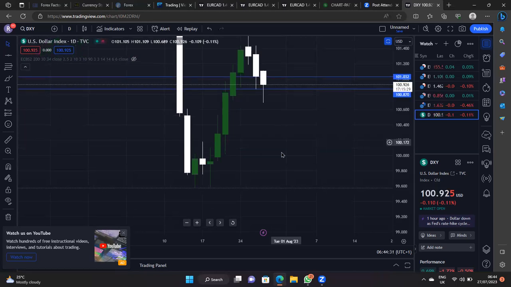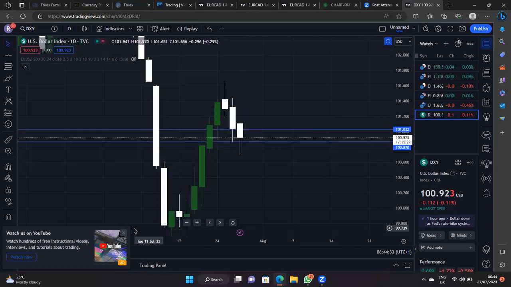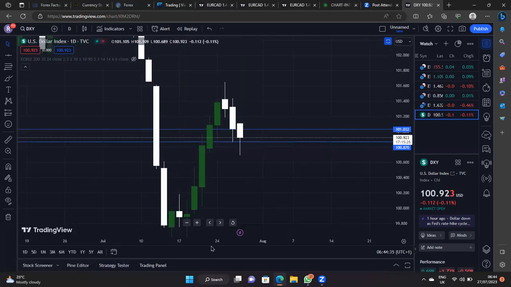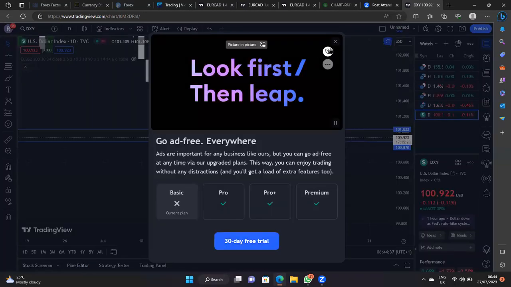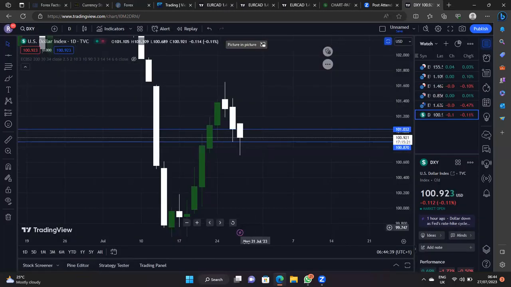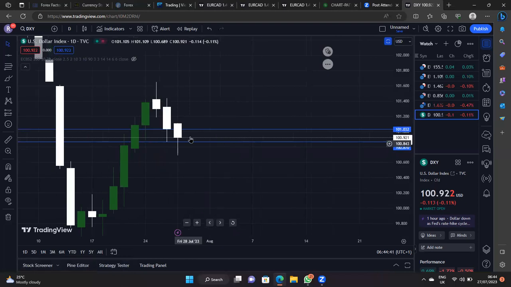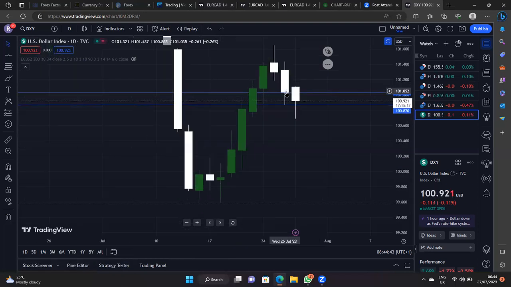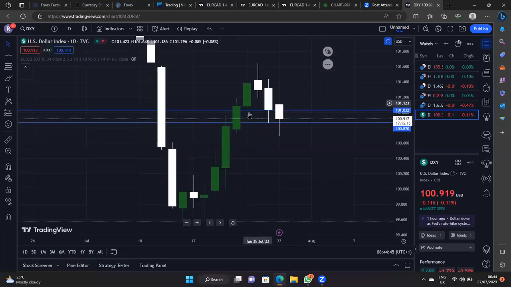I want to zoom in on this chart more so you see very clearly. So this is the body. This is the wick. So that's for my support.